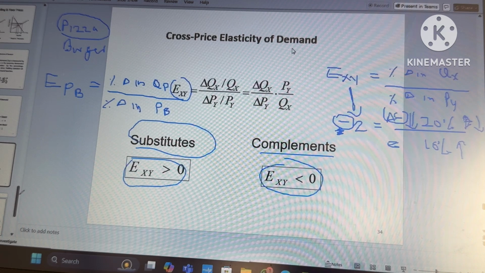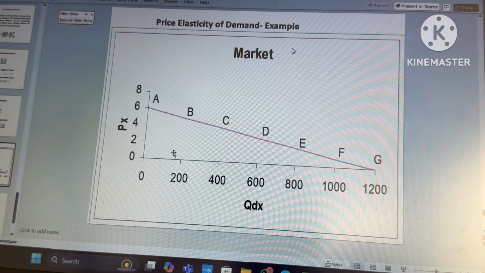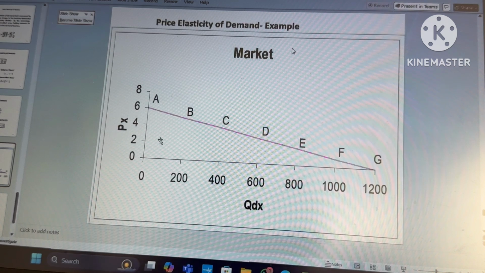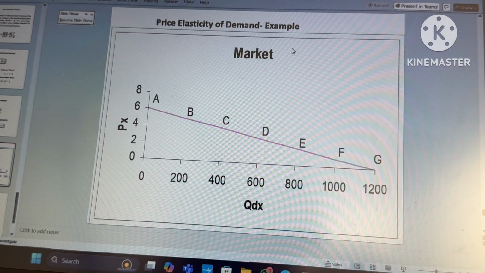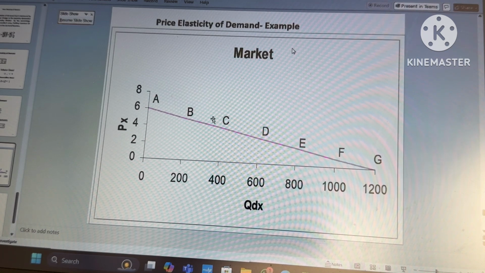Right, let's go to the next one. Okay. Now, I want you to calculate the elasticities for each and every one of these points: A, B, C, D, E, F, G. Please do it and write your answer here.